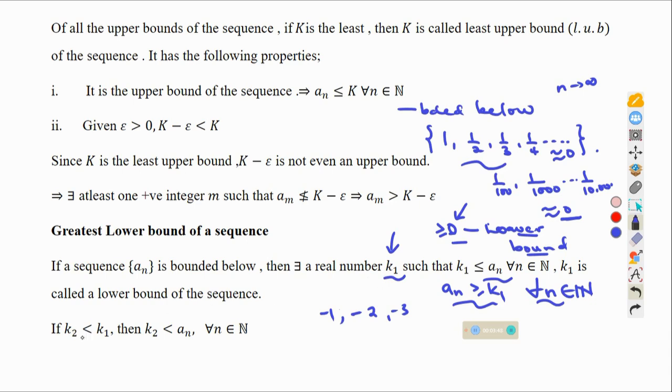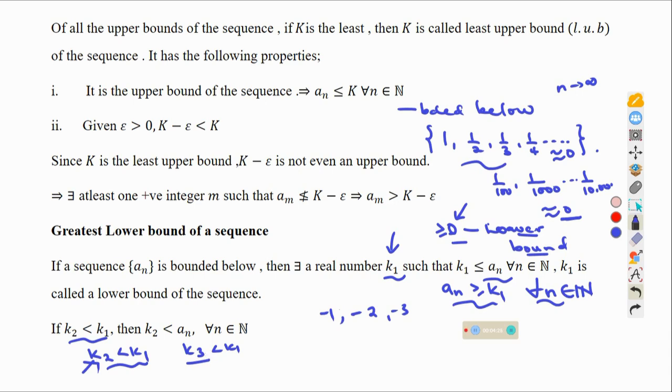So if you have a case where, for example, k2 is less than k1, and your k1 is the lower bound, then k2 will also be a lower bound. If k3 is also less than k1, and your k1 is the lower bound, the smallest number, but you find another number which is smaller than that, it means k3 will also be a lower bound.